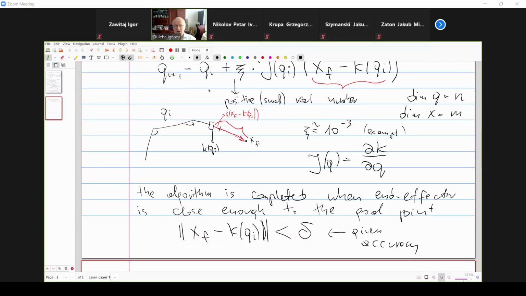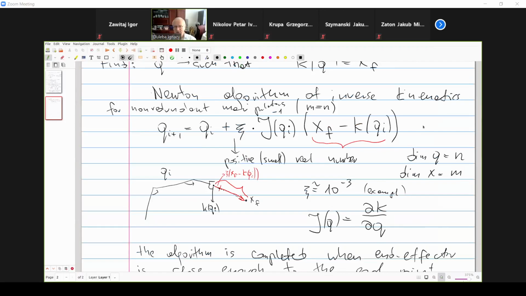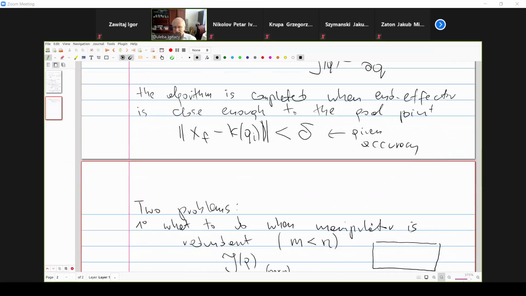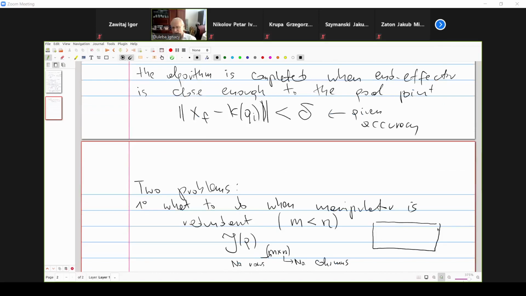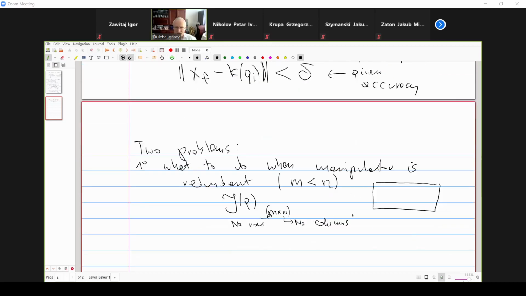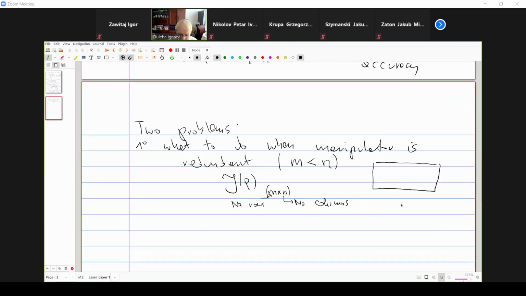So if we have a closer look at this formula, here you can see the inverse of a matrix. If a matrix is square, we have a chance to invert it. But in this case, probably you don't know how to invert a rectangular matrix. Of course, we will discuss this case in our future lectures.